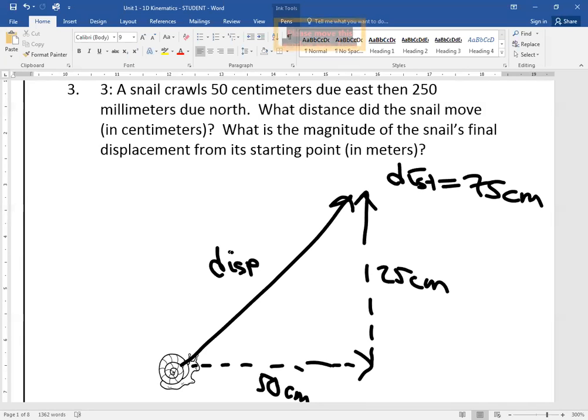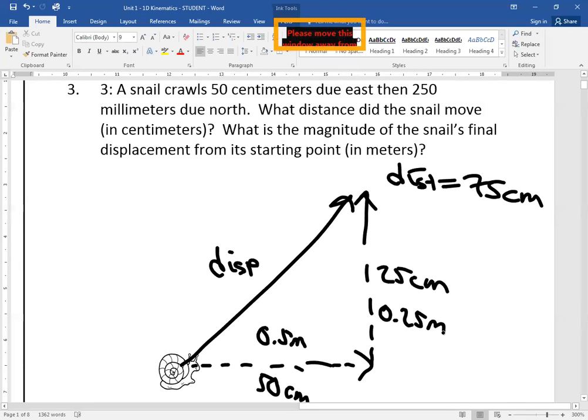And I want it in meters. So 0.5 meter, 0.25 meter. So I put it in my calculator. Here we go. Ready? 0.5 squared plus 0.25 squared, and then I want the square root of that.